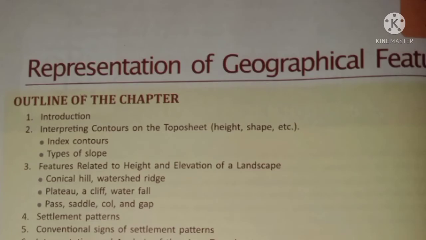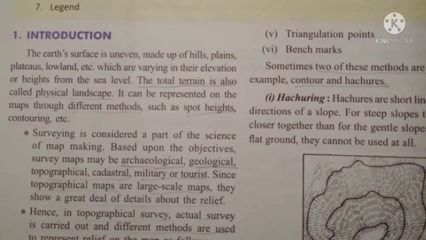So students, you know that the landscape of our earth is uneven. Uneven means not equal, not the same. Some regions have hills, some have plateaus, some have lowlands, and some have plains. So our earth has different kinds of physical features, varying in their heights.